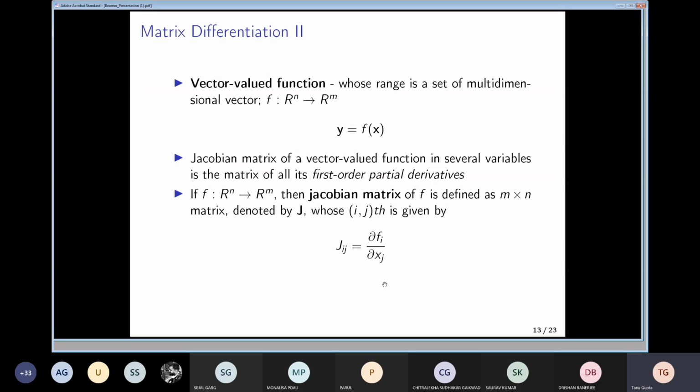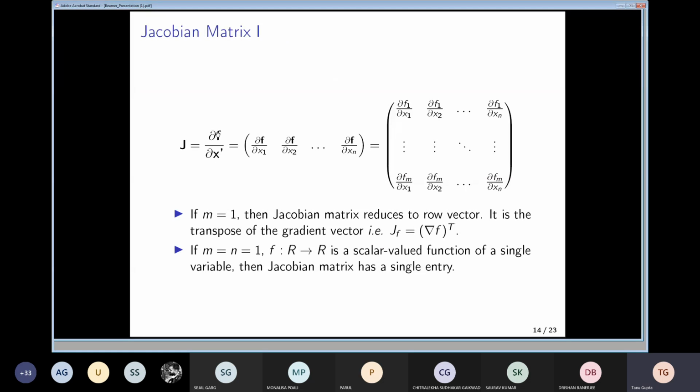Okay. But now, suppose f is a vector, and we are going to differentiate del f with respect to x transpose. What does it mean? It means that we are differentiating this vector f with respect to the row vector. So effectively we are stacking the partial derivatives in the row form.